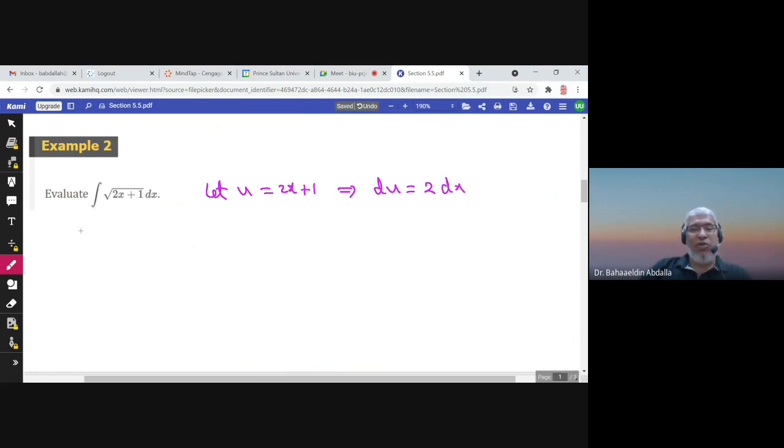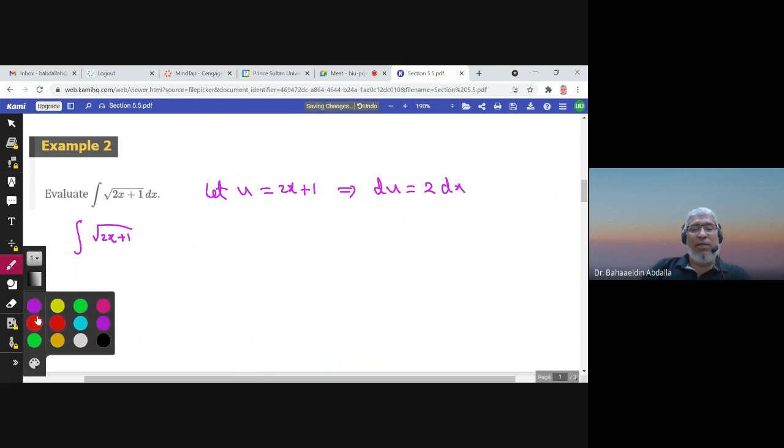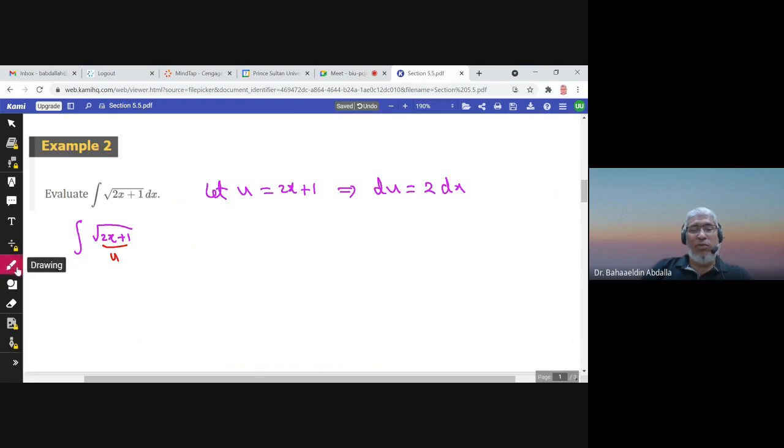Okay, let us look at this integral. I have the square root of 2x plus 1, and this one I am going to call u. And I have dx here, but dx is not du. 2dx is du.